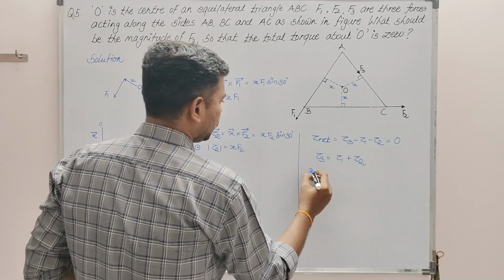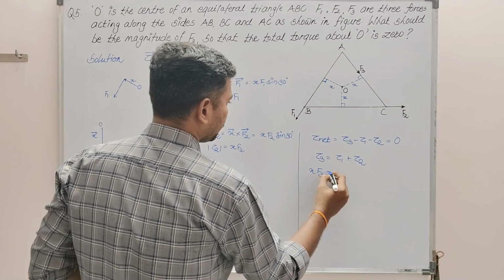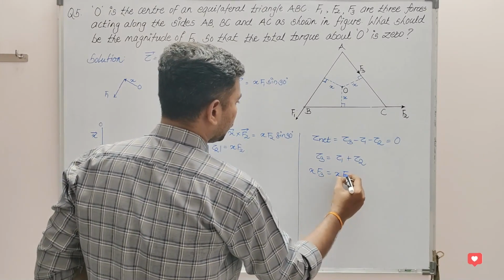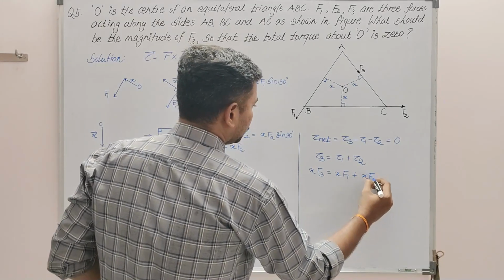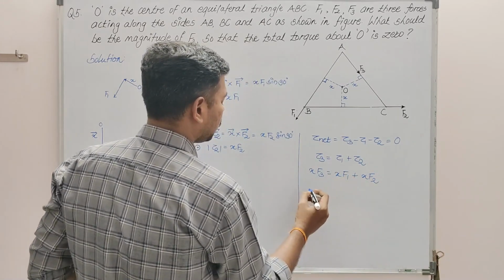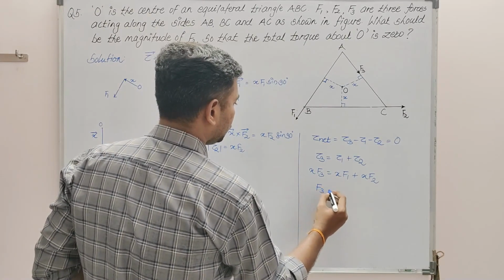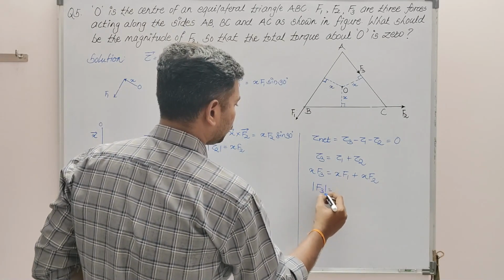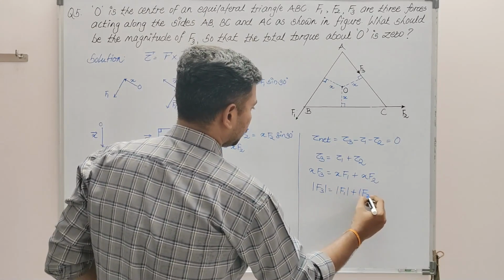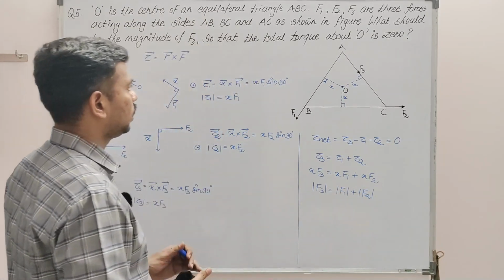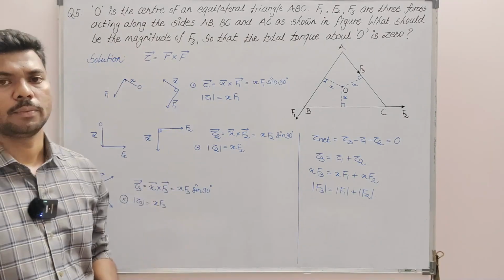As torque 3 is XF3, torque 1 is XF1 plus torque 2 is XF2, X can cancel out throughout the equation. Finally, we have the magnitude of F3 is the magnitude of F1 plus the magnitude of F2. So this is the answer for the given problem.